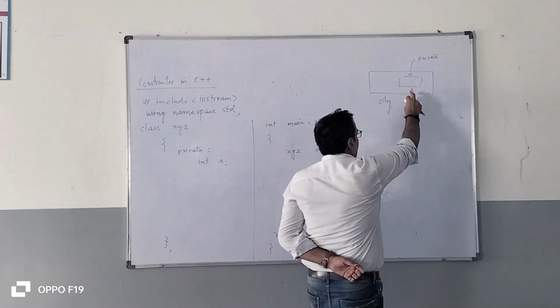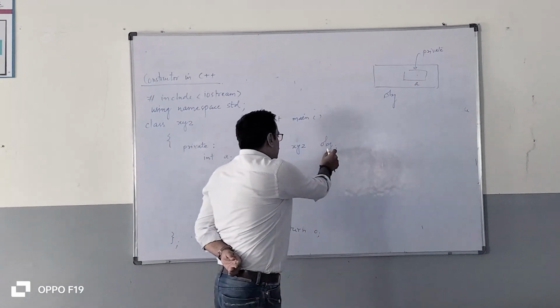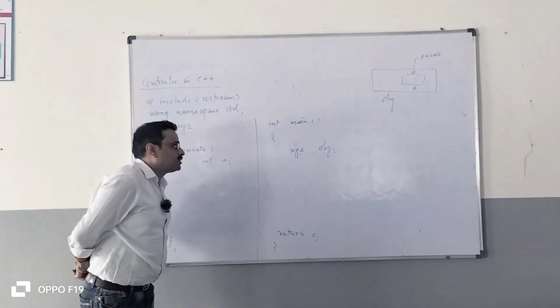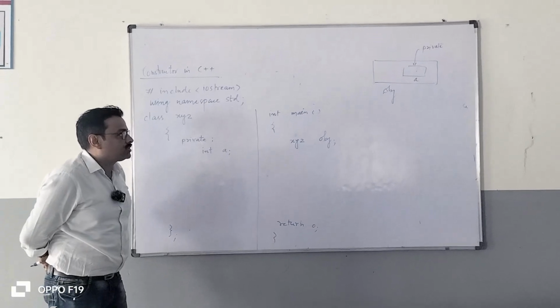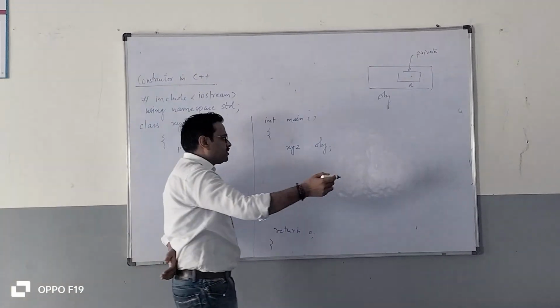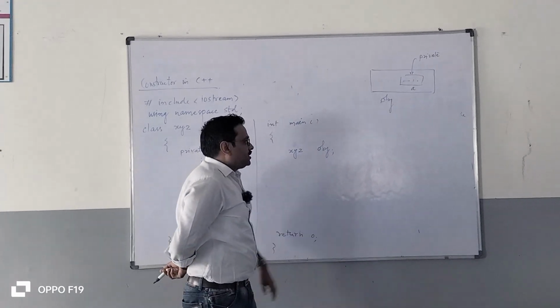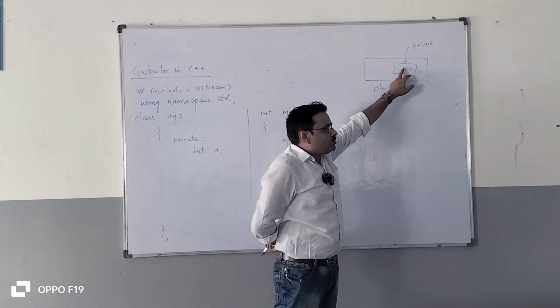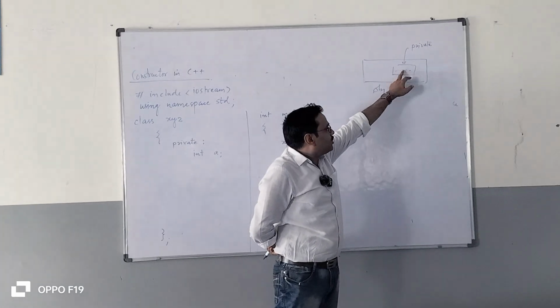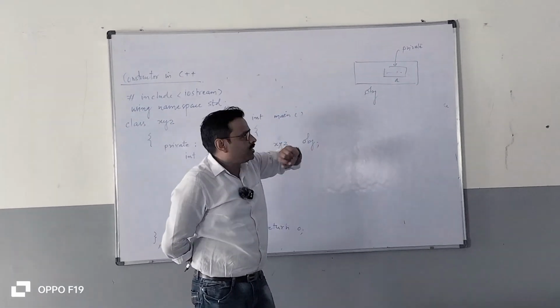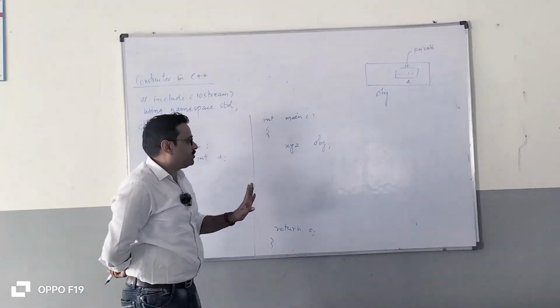And by default, when the memory is created, since this object is an automatic object, the memory will be having some garbage value. And this value will be unpredictable. We cannot predict this value. It will be decided by the operating system what value is there.